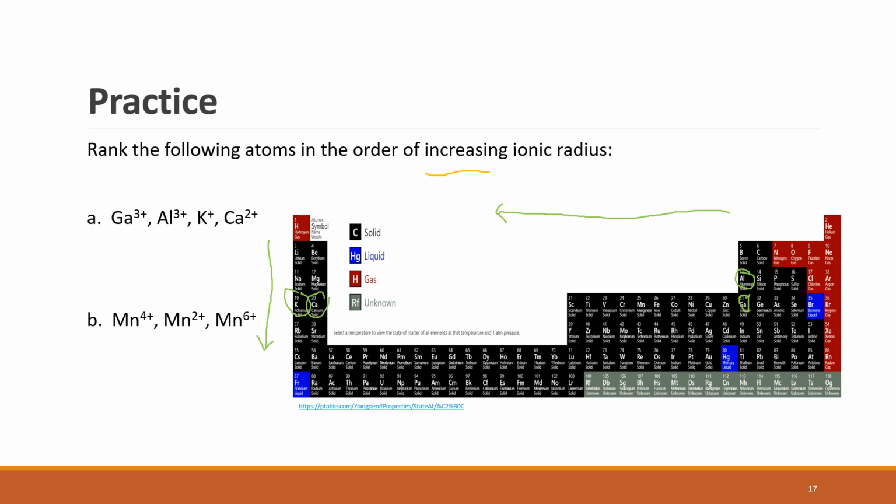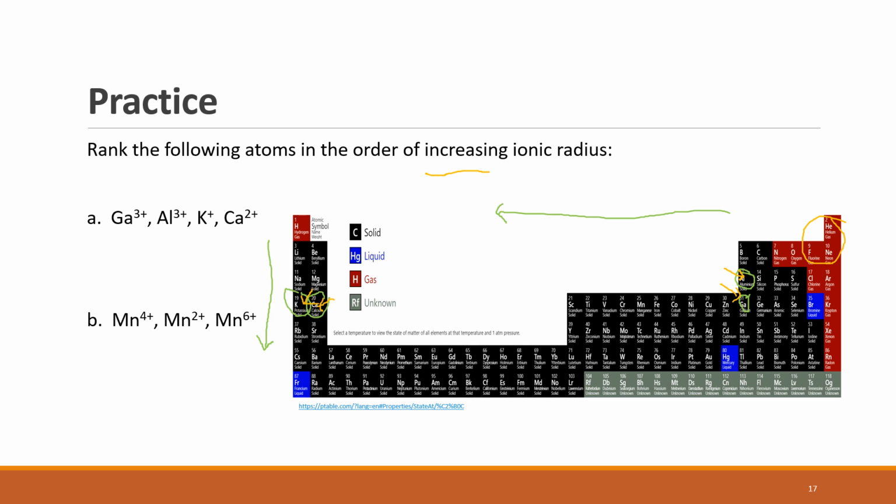So the smallest one out of these four is going to be aluminum, because it is closest to this upper right-hand corner. Next largest after that is going to be gallium. Then the next largest is calcium, and the very largest is going to be potassium. So the order is aluminum, gallium, calcium, and potassium.